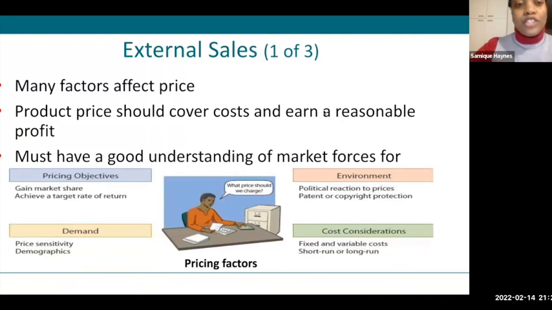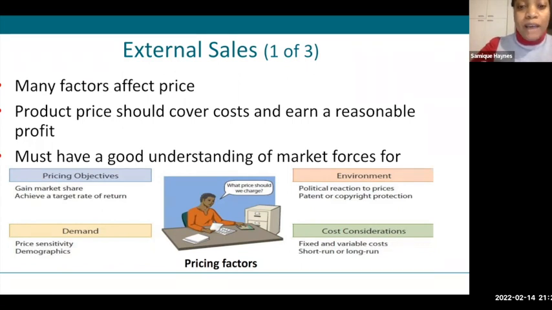We all know that there are many different factors in the world that affect the price of a product, okay? But we also realize that we want the price of our product to cover the cost, but not just cover the cost, also give us a profit. So as managers, we have to have an understanding of our price objectives.